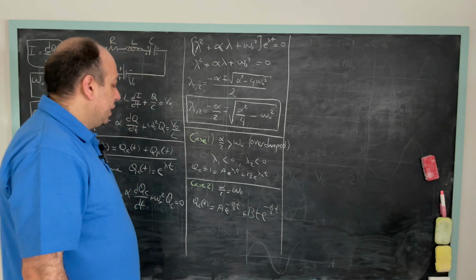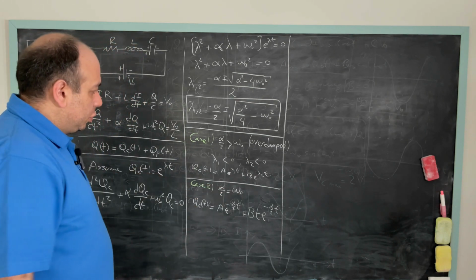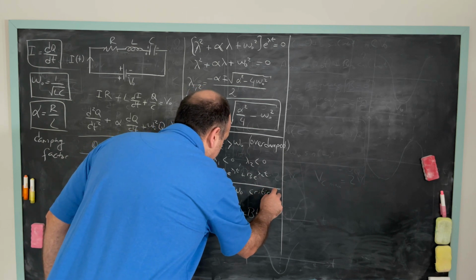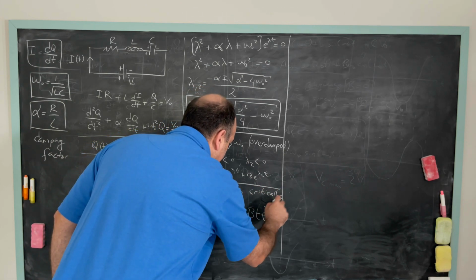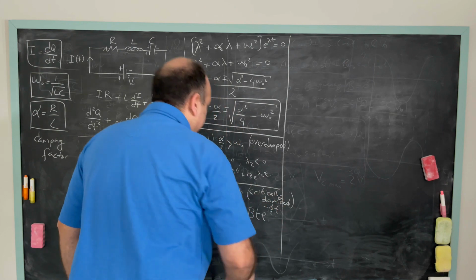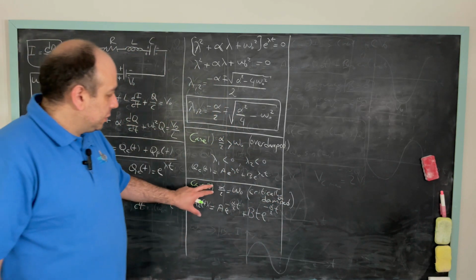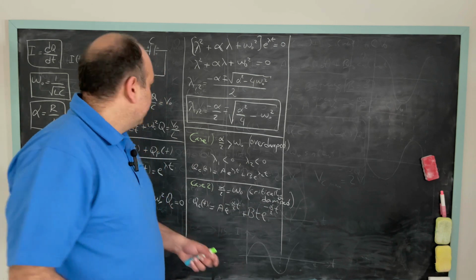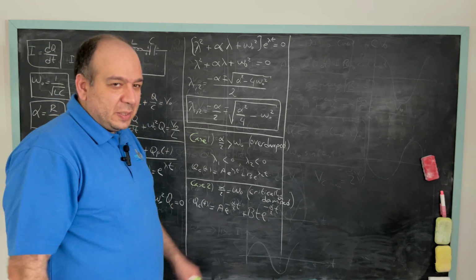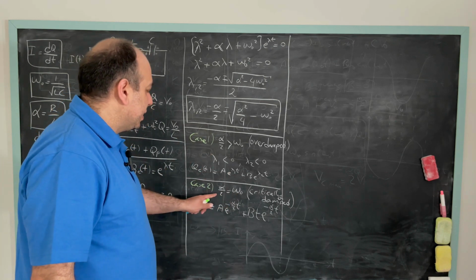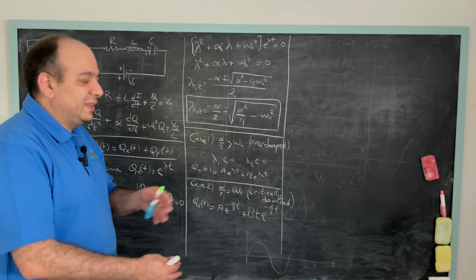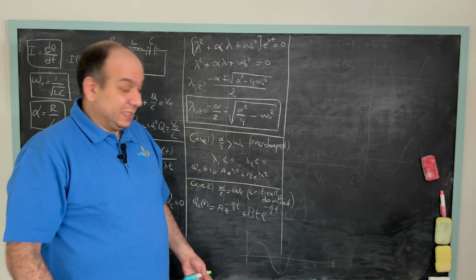This case is also called critically damped. Physically, it's really hard to see any circuit which is critically damped, because it requires precise fine-tuning of these parameters, so alpha over 2 should exactly match omega naught.